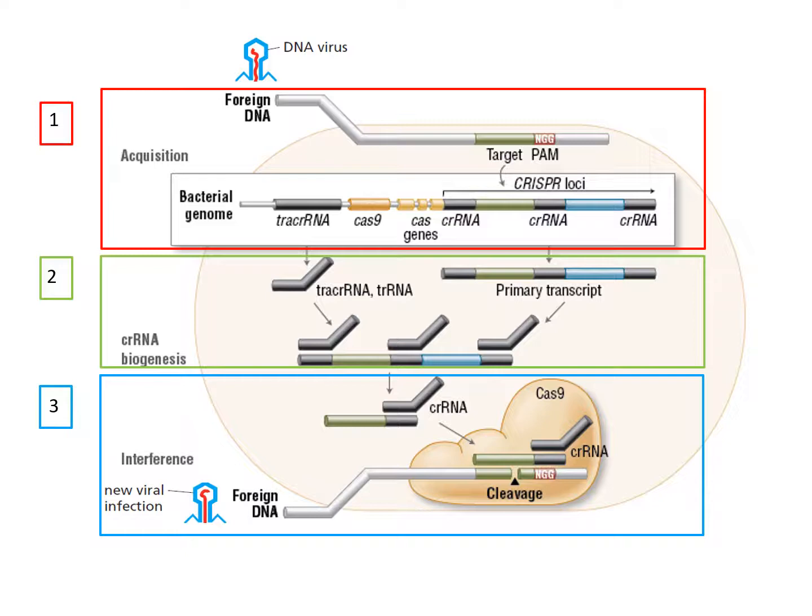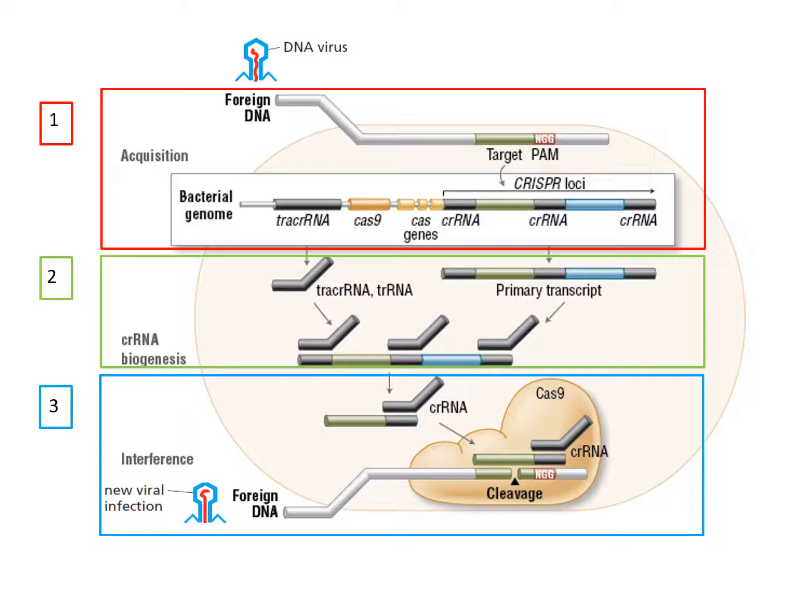So now I want you to turn your attention to the fact that the bacterial cell may encounter a new viral infection. Now, if that is the same bacteriophage as what infected the cell previously and led to this incorporation event, we now have a system where the bacteria can recognize this viral infection when it happens again, because it is going to do the same thing.